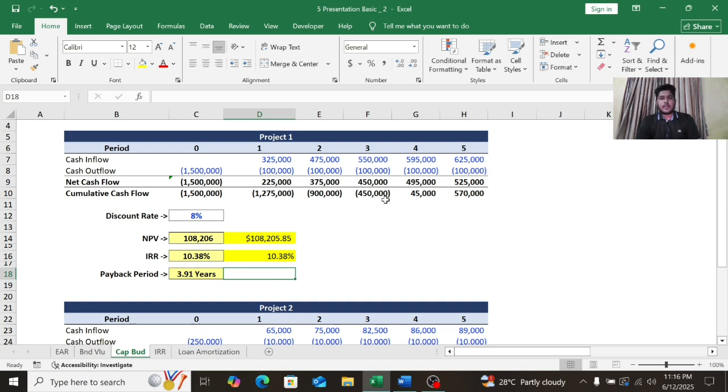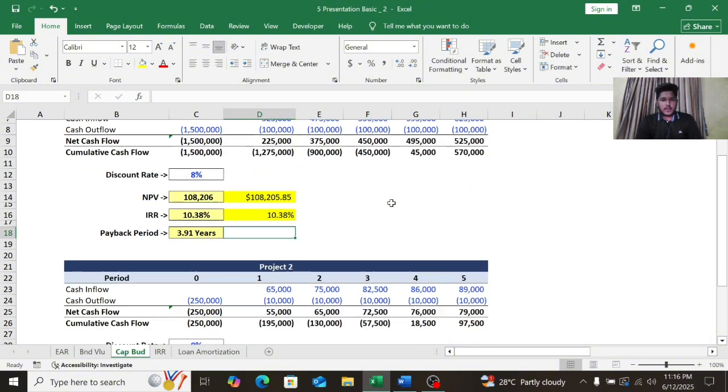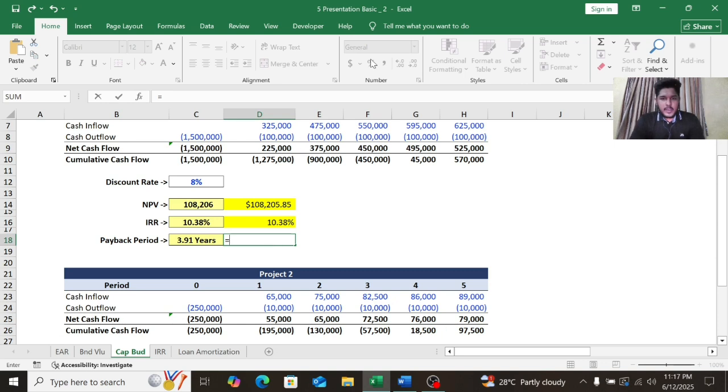So this is our payback period, and after finishing the fourth year, we get our initial investment back. Our last negative is 3, so it will be 3 plus. To get the exact result, we will use the absolute formula, and divide it by how much we earn in that year, 4,90,000.